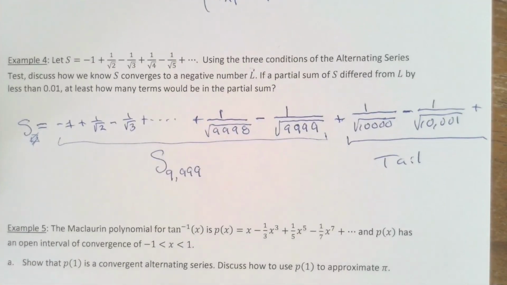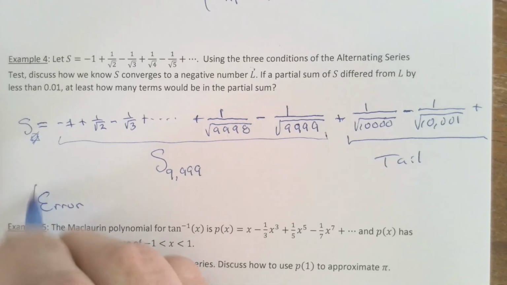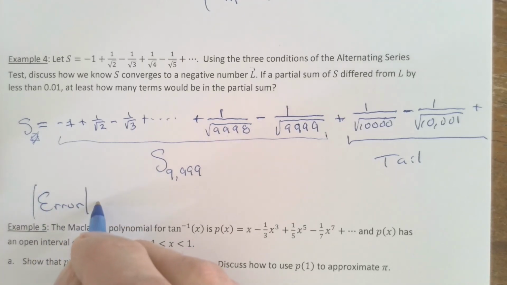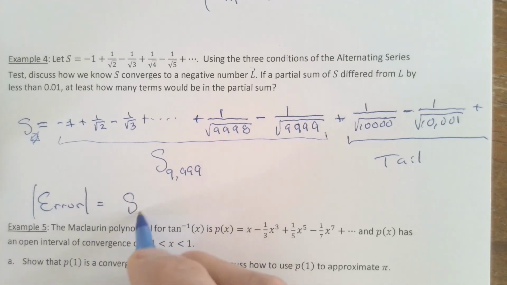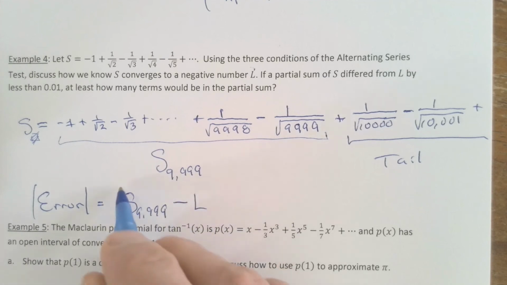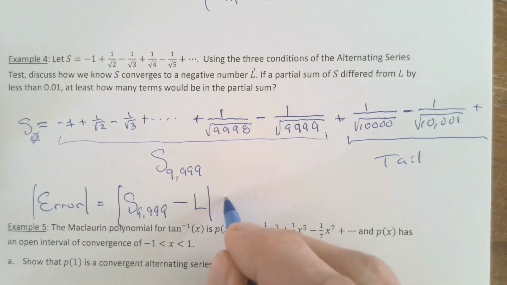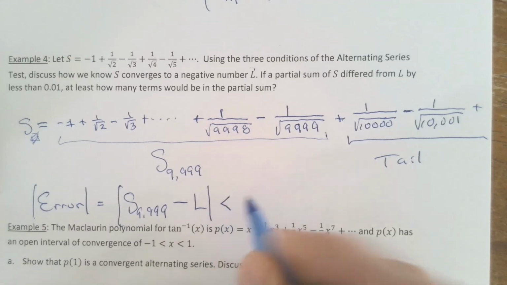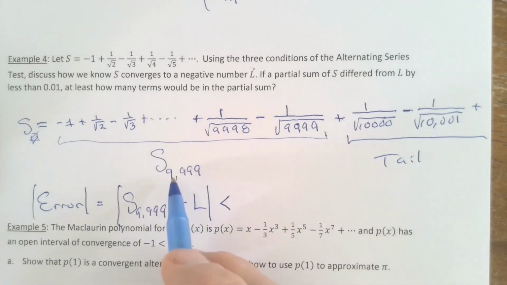So we write something like this. The error has an absolute value between the 9,999th partial sum and the real answer L. They're not the same. But the error, which is this difference, has got to be smaller than the first term of the tail of the 9,999th partial sum.